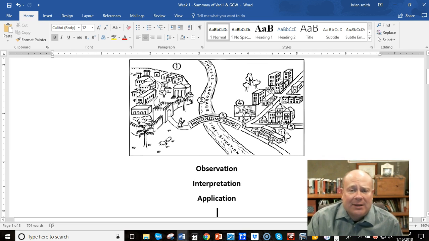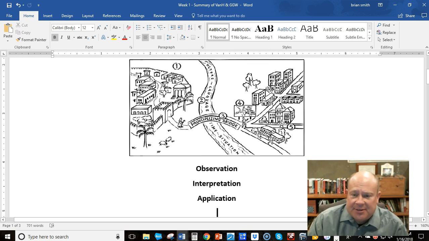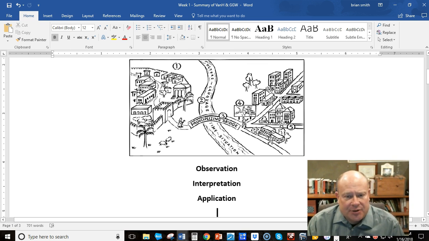Okay. Now, one last thing, and you'll read about this as we get into interpretation further. Realize that we live in a society that is becoming more and more postmodern. Now, postmodernity says we can never really get back to the original intention of the author.